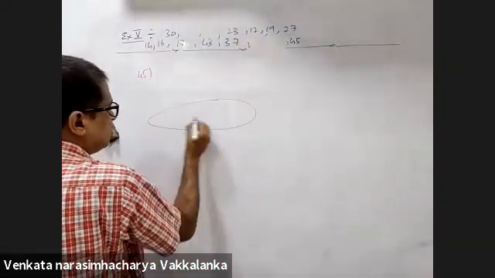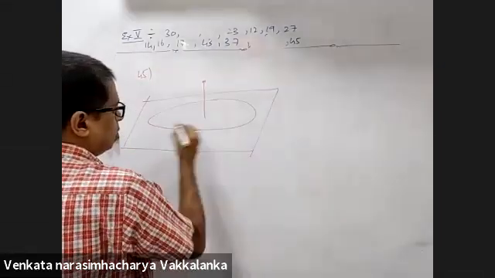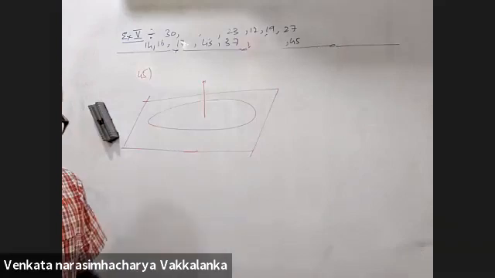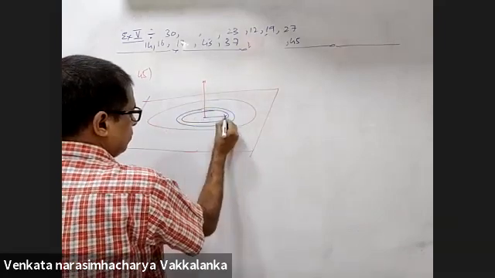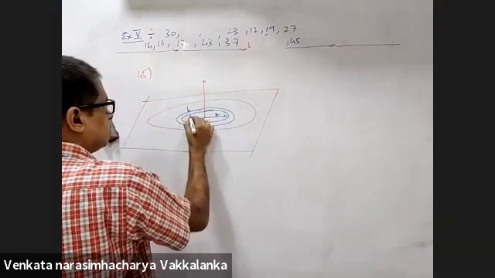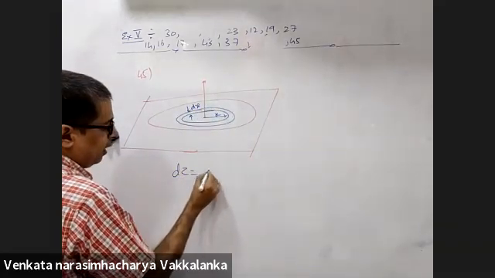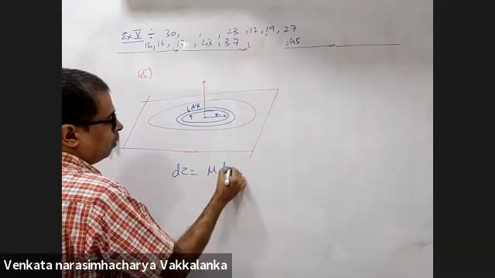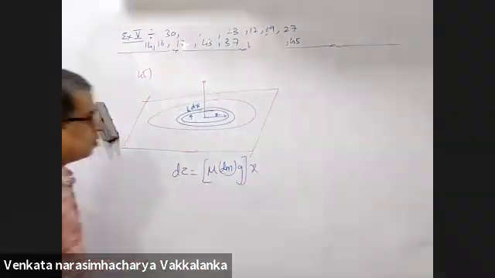Now you're placing the disk this way. When you place a disk this way, consider an elemental ring of radius x and thickness dx. What will be the torque on it? Mu dm into g into x.